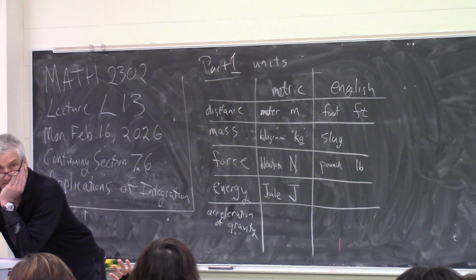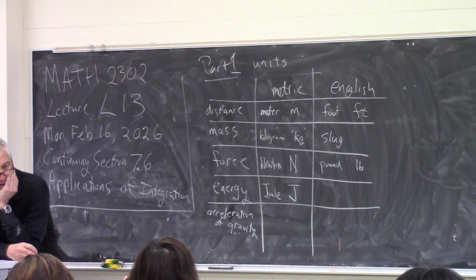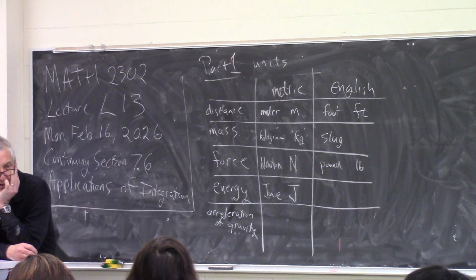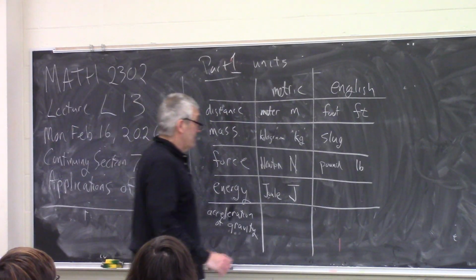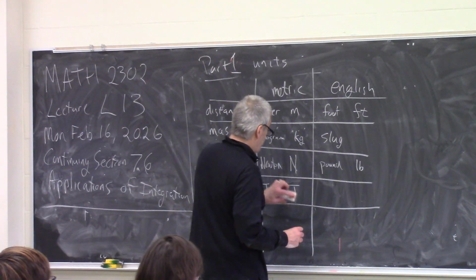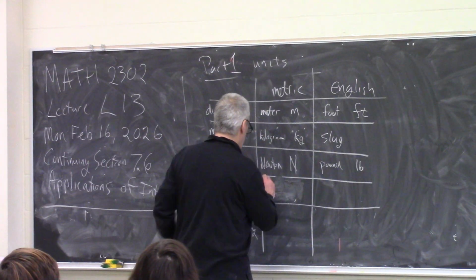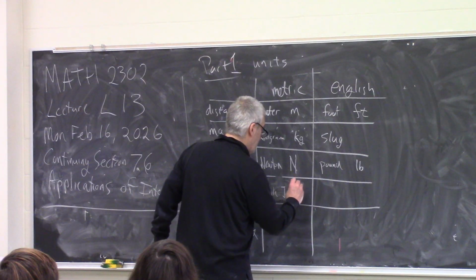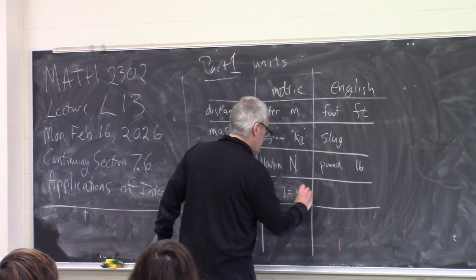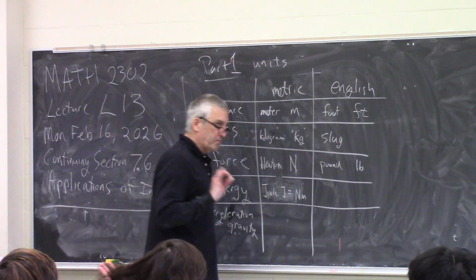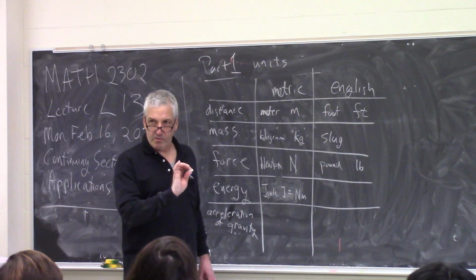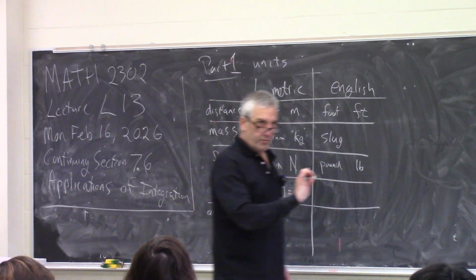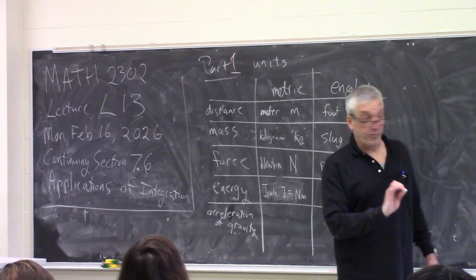What's the standard unit of energy in the English system? William? Say it again? Yeah, I guess it is. Yeah, no, right. So go back to this. A joule is one Newton times 1 meter. So if you are pushing on something with a force of 1 Newton and you move it 1 meter, you've done 1 joule of work.